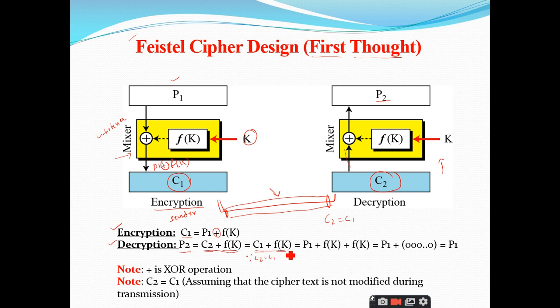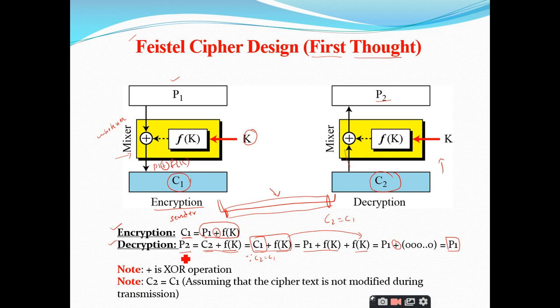Now what is this C1 plus f of k? C1 is equal to P1 plus f of k. Am I right or not? So I replace C1 with P1 plus f of k, and I get P1 plus f of k plus f of k. This f of k is nothing but the key, so it is nothing but P1 exclusive or the key, and you will get the plain text.